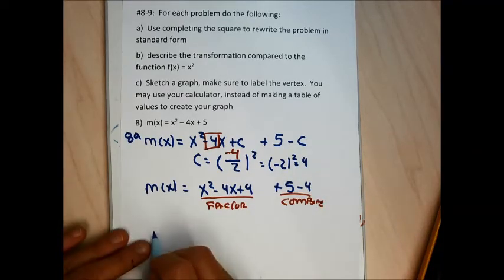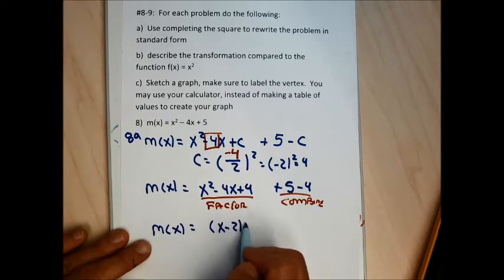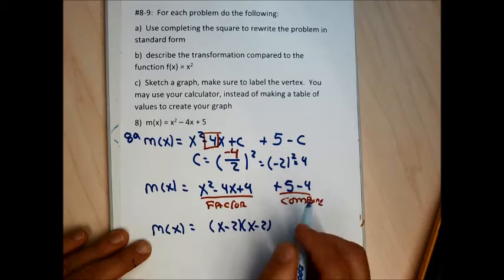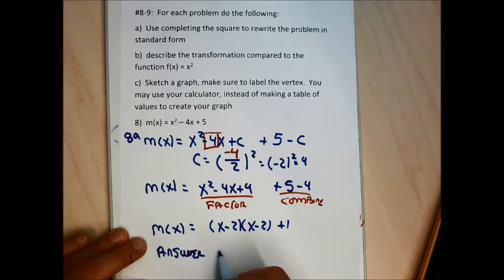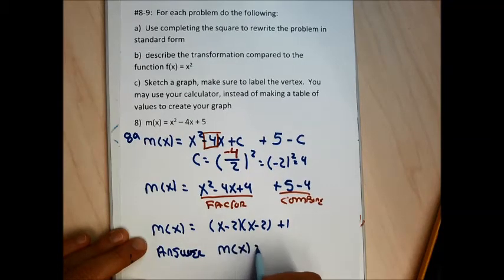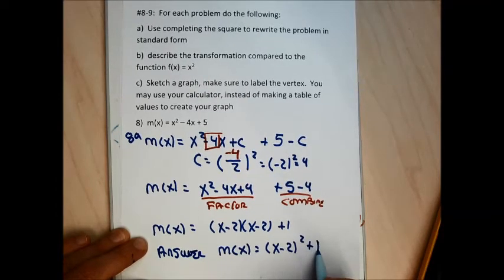When I factor those, it's a double minus. That's an x minus 2 times x minus 2. When I combine those, that's a plus 1. My answer for 8a is going to be m of x equals x minus 2 squared plus 1.